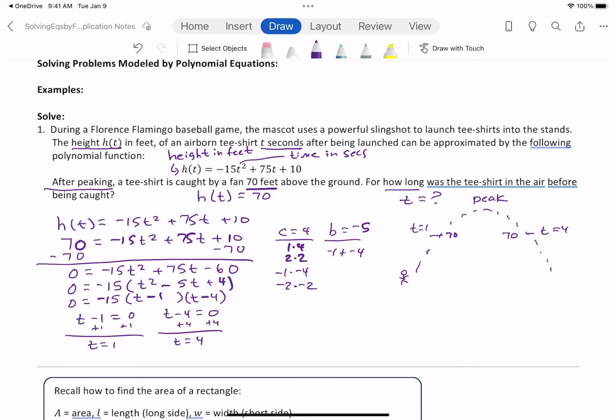So our question is asking us for the after-peak time, so that means it's going to be this one. So for how long was the t-shirt in the air before being caught? It was in the air for 4 seconds.